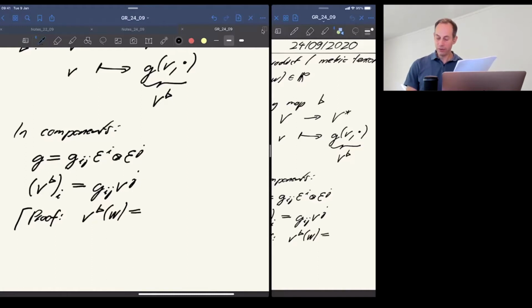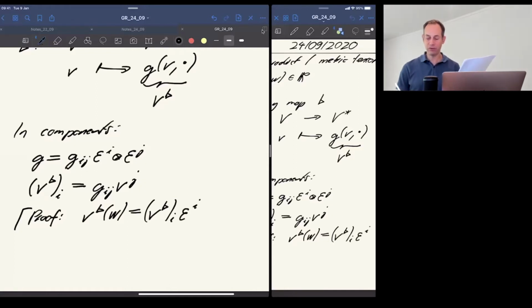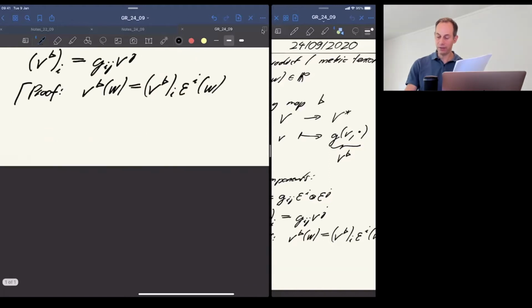Now, first of all, I just write V♭ in terms of components. So that's generally true. I didn't use anything except the fact that V♭ is a covector, so I can write it as this. That's just the expression for V♭. And now I feed this W into this object. And now what I got is what you see here on the screen.